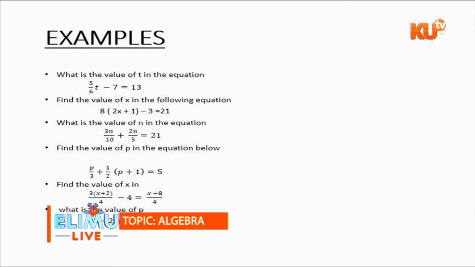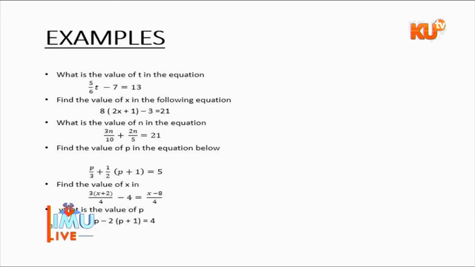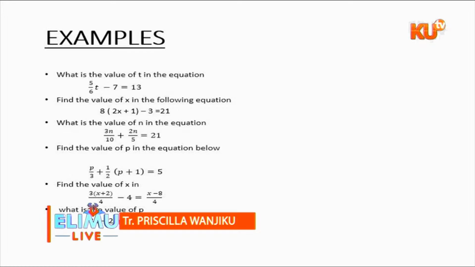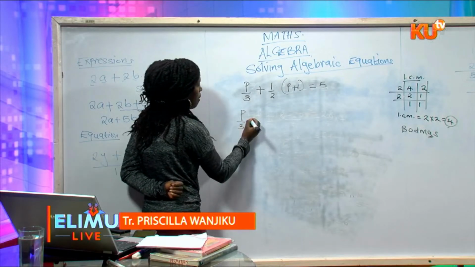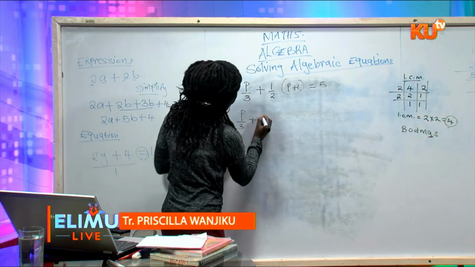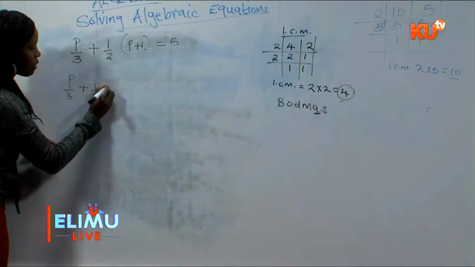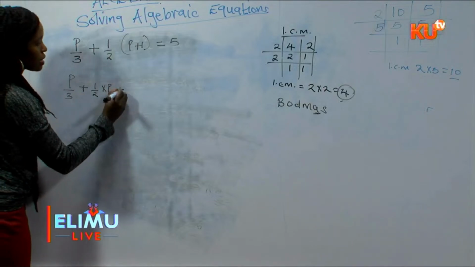So the question was, find the value of P in the equation. And the equation was P over 3 plus a half bracket P plus 1 is equal to 5. So you open up the bracket here. This P over 3 is going to remain, plus I take a half and multiply by P plus 1.